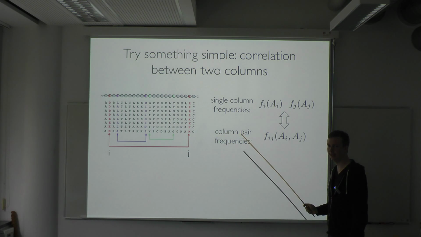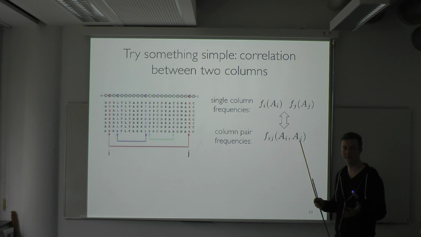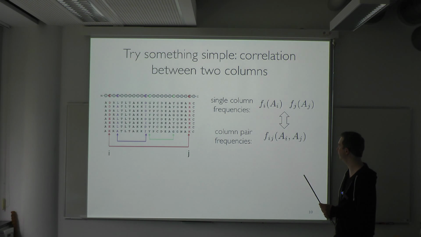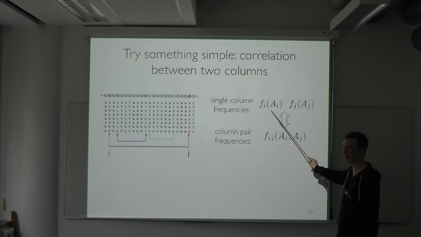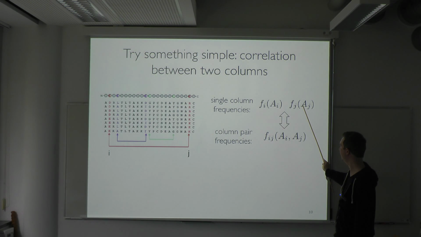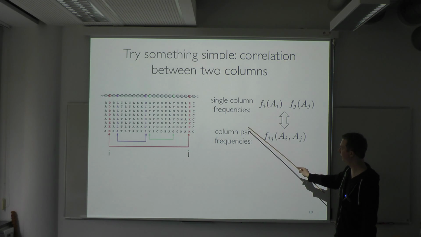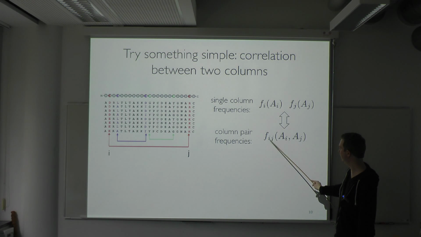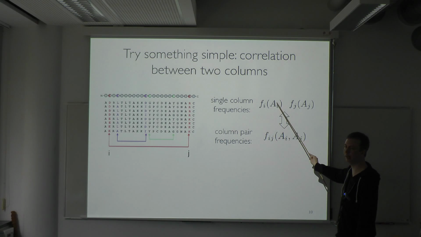And a very simple idea to see if there's any correlation between the 2 columns is to ask what are the frequencies of certain amino acid types in that column. In the one column, column I, in the other column, column J. And then if you look at the frequencies of the amino acids in the pair, so Fij, how do those pair frequencies relate to the single column frequencies?